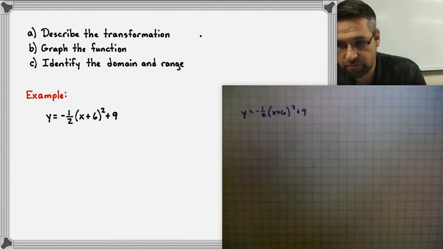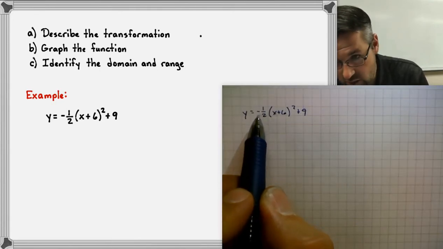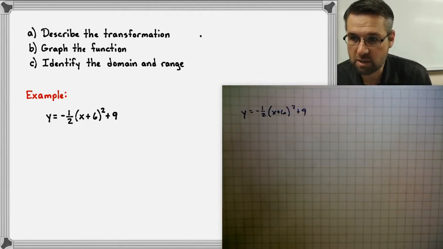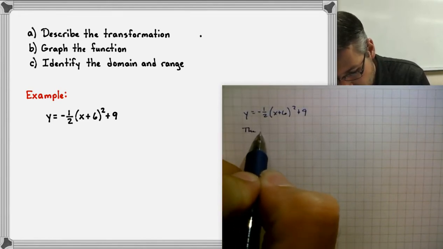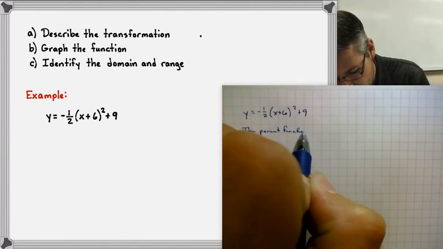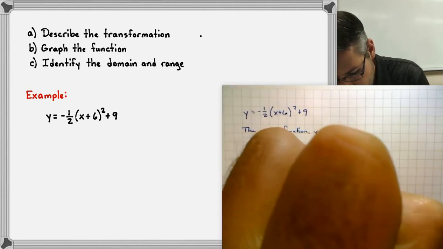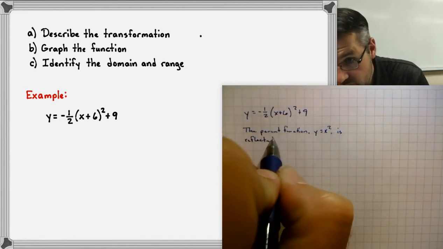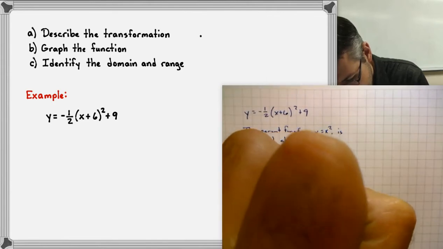Remember the 3 things we're looking for. Number 1, which way the parabola opens. We can see that the a value is negative, therefore the parabola is going to open down. We want to describe this transformation, so we're going to say the parent function, and we want to tell everybody what the parent function is, y equals x squared, is reflected about the x-axis.